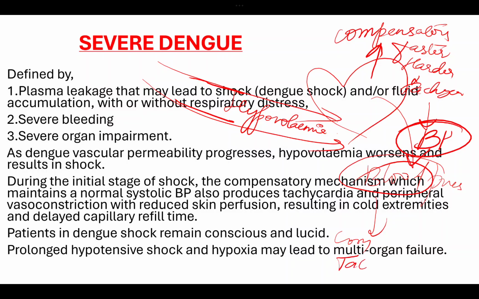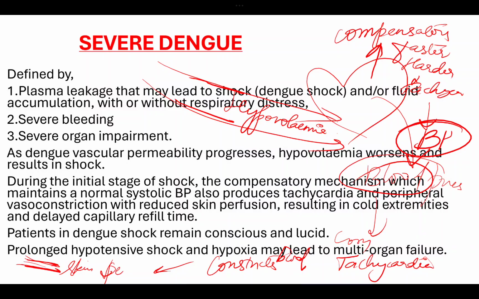One, it will produce tachycardia, beats faster, and then it also tries to constrict the blood vessels, causing peripheral vasoconstriction and reduced skin perfusion. The blood supply to the skin is reduced, vasoconstriction occurs, and reduced skin perfusion is resulting in cold extremities.